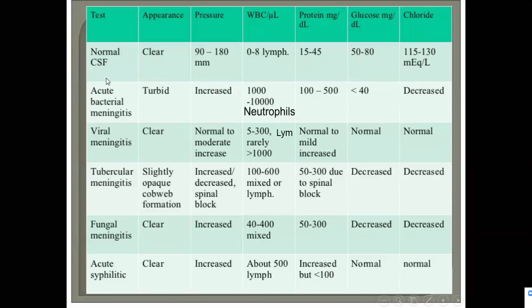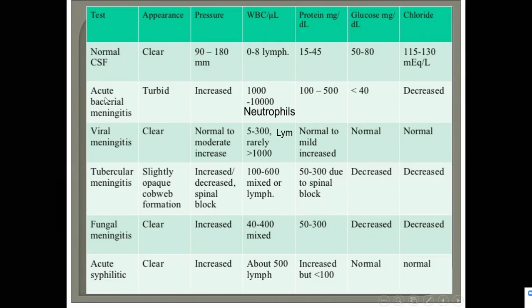So if we come to acute bacterial meningitis, as we discussed in these two lectures, what do we expect of the CSF? The CSF will be turbid. The intracranial pressure is increased. White blood cells, mainly neutrophils, because it is a bacterial infection.